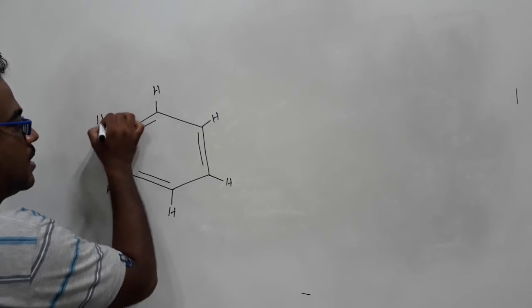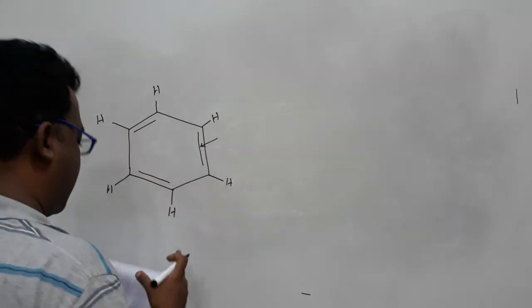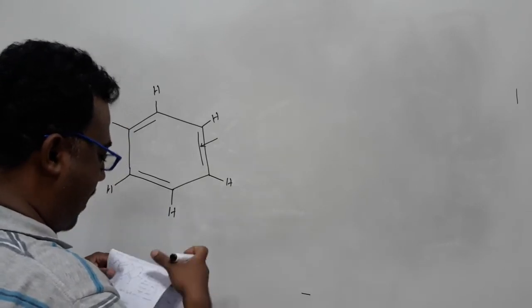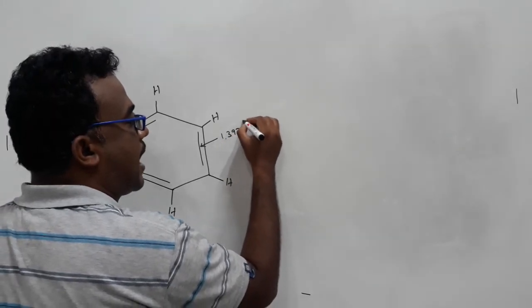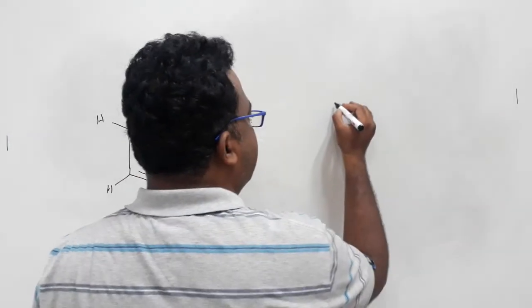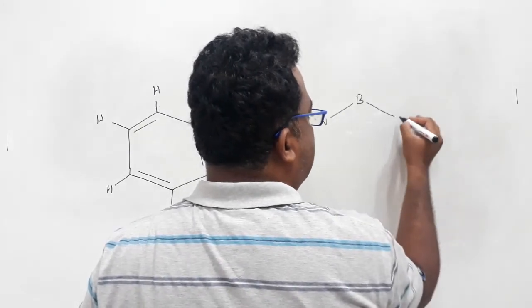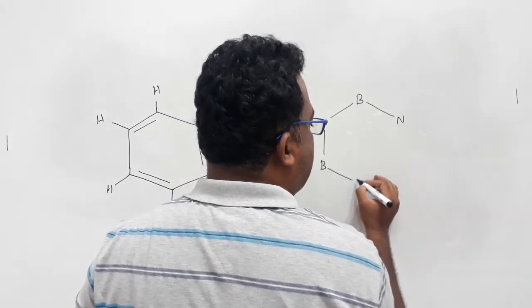For example, the carbon-carbon bond length here is 1.397 angstrom. Similarly, when you come to borazine, again in this case also the bond length is between single and double bond length.